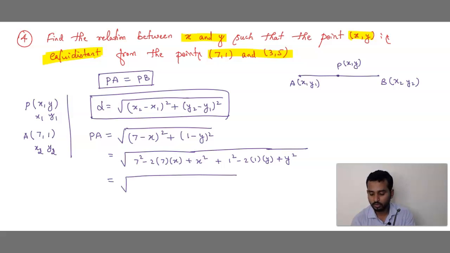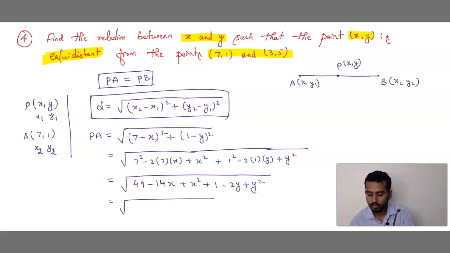Is equal to root of 7 square, 49, minus 7 2s are 14x, plus x square, plus 1 square is 1, minus 2y plus y square. Got it? Is equal to root of 49 plus 1, 50. Numbers, I am just adding the numbers. Again x terms, how many x terms are there?